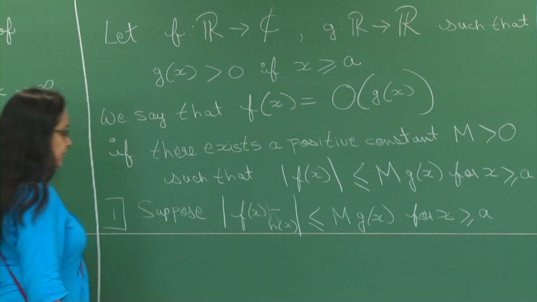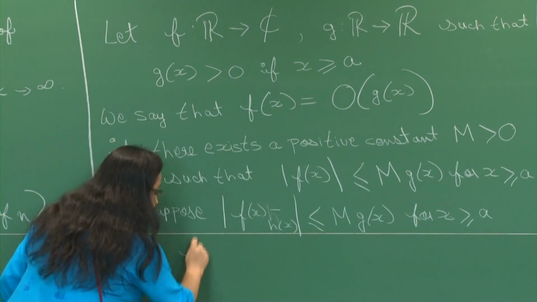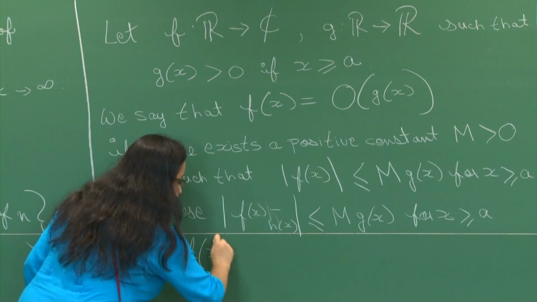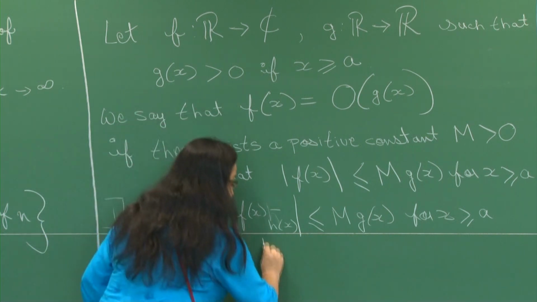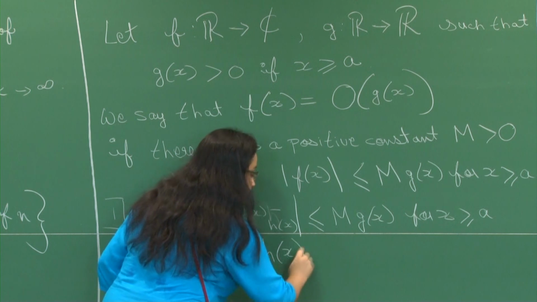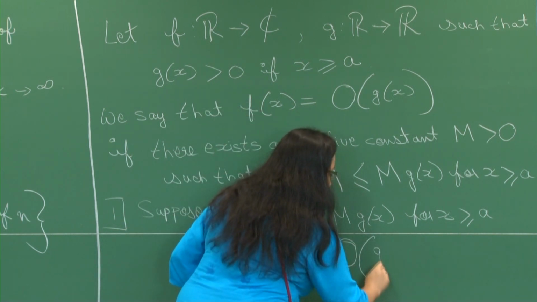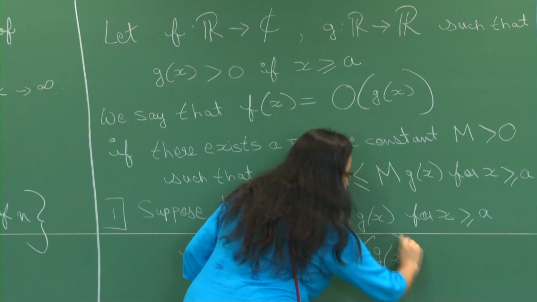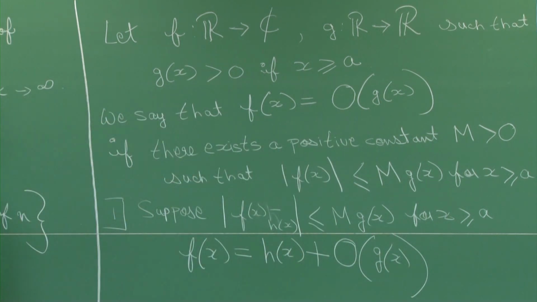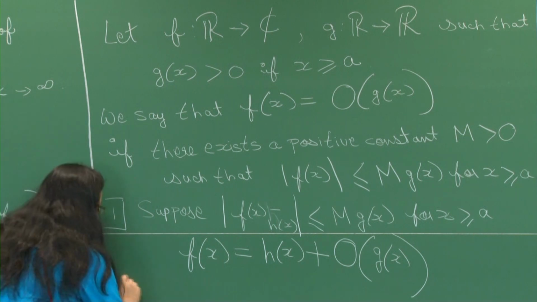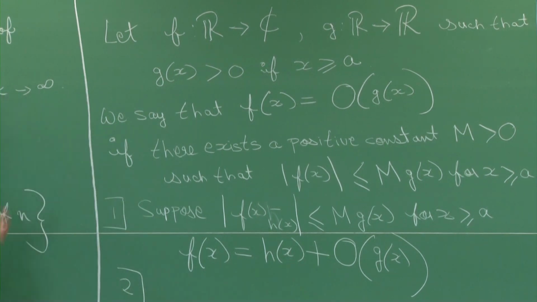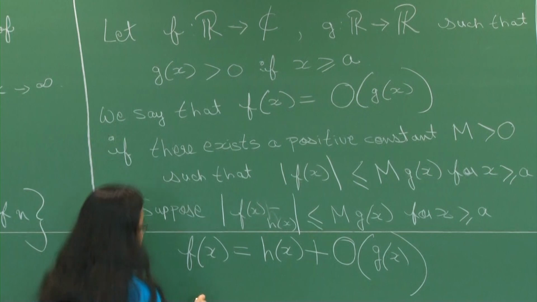Suppose we have this condition, then we can write f of x equal to h of x plus O of g of x.